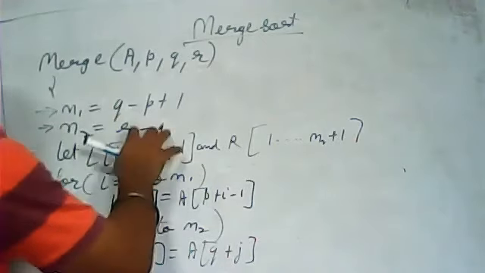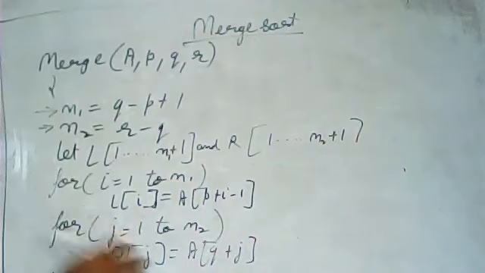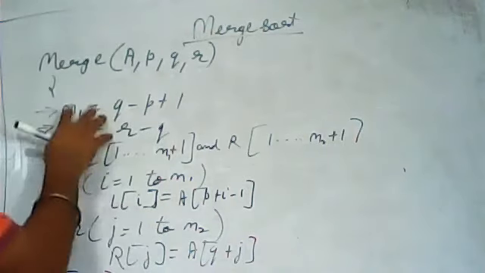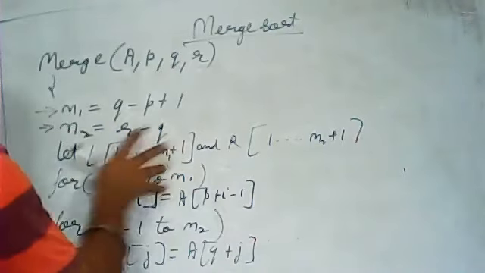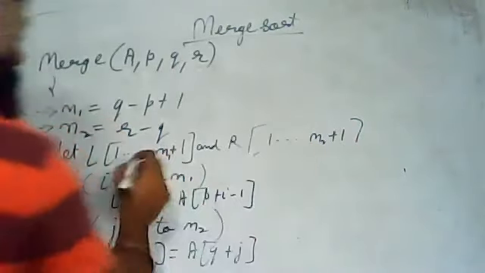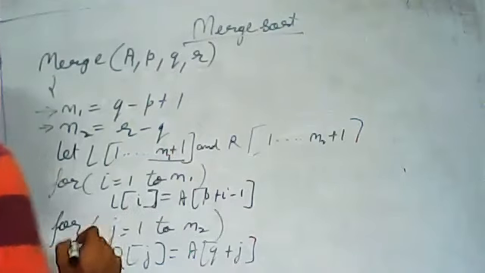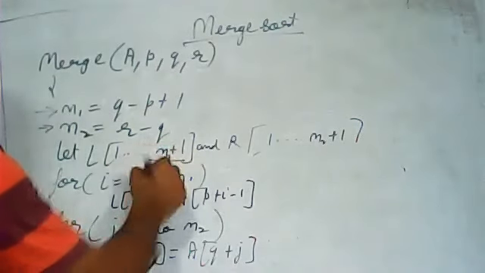This is the length of the left sub array, and the length of the right sub array. So this one is the left sub array and this one is the right sub array. So half of the elements will get copied, plus 1.